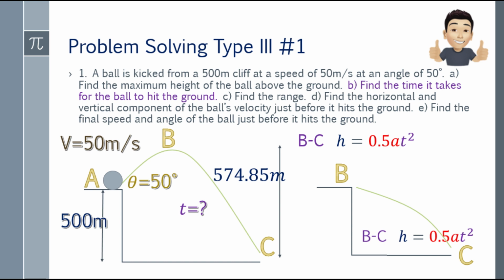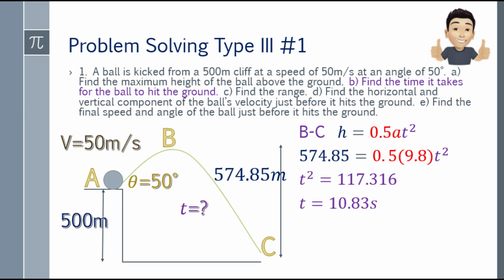Alright, next one, we need to find yung time from B to C. Remember, naalala niyo yung sa type 1 problem natin, if we're going to get the time from B to C, we have h is equal to 0.5 times at squared. Acceleration times time squared.